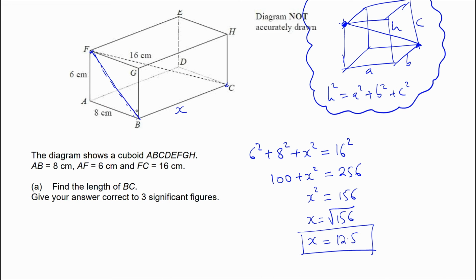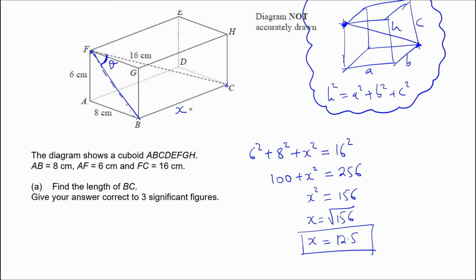Consider this to be just a diagonal of this face here. Now, the angle that's required is between FC and this face. So it's this angle here. I'm not sure if you can see it properly. So this angle here, that is the angle that we need to be looking for.